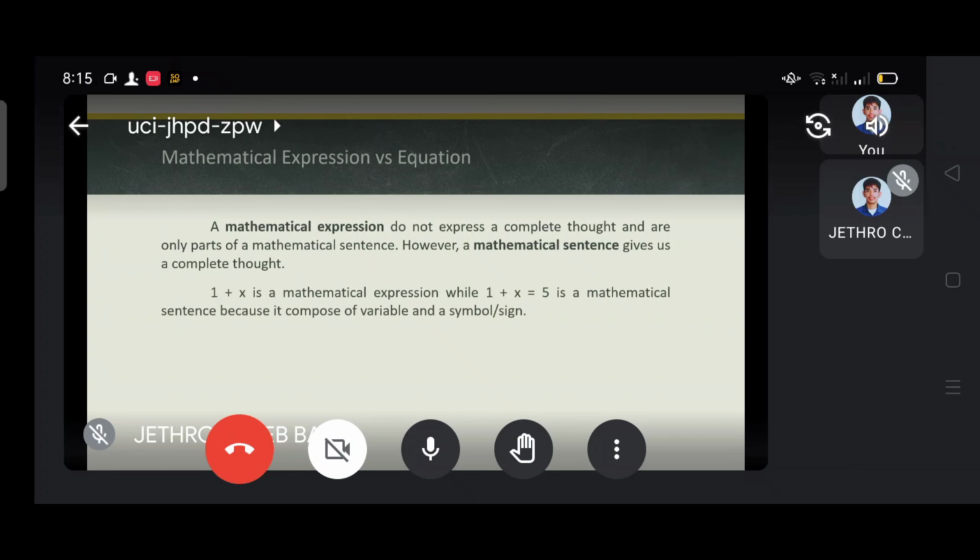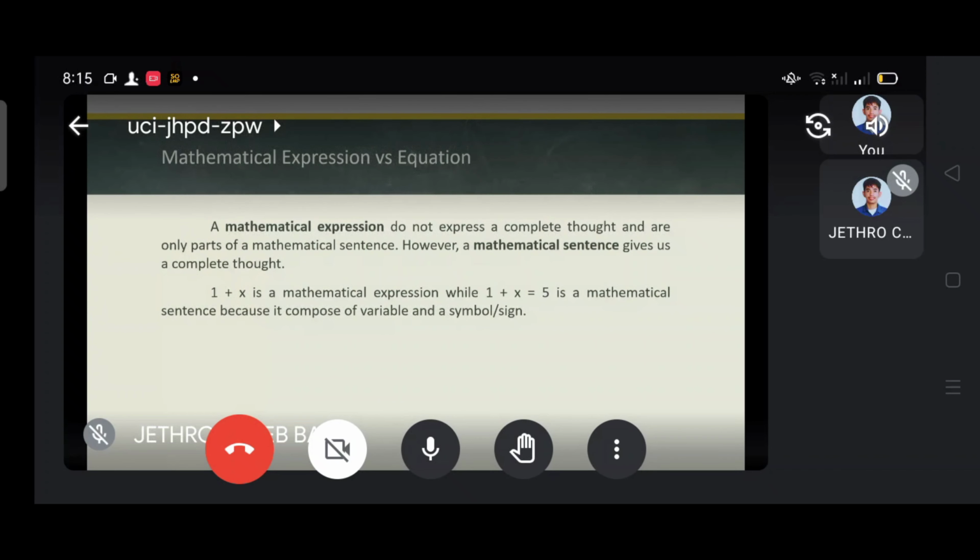Example, 1 plus x is a mathematical expression, while 1 plus x equals 5 is a mathematical sentence because it is composed of a variable and a symbol or sign. A mathematical sentence can either be a true or false statement, but it can never be both true and false.